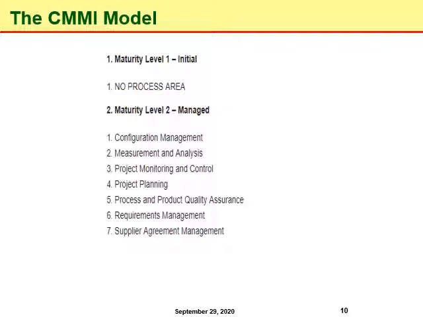So, for any organization to achieve level 2 of CMMI, that organization needs to meet the specific requirements that are defined for each of the key process areas for this CMMI model.